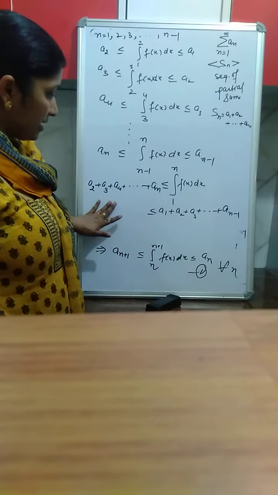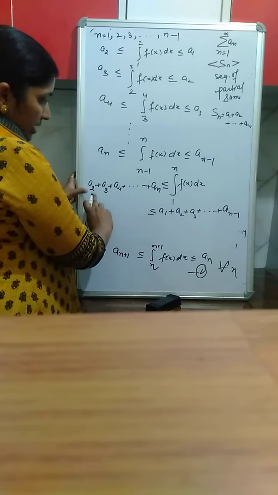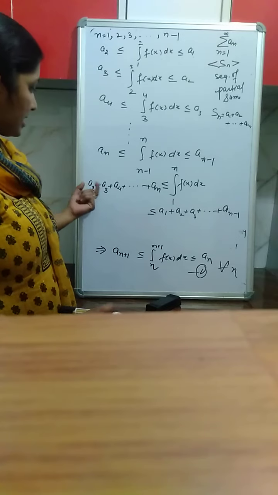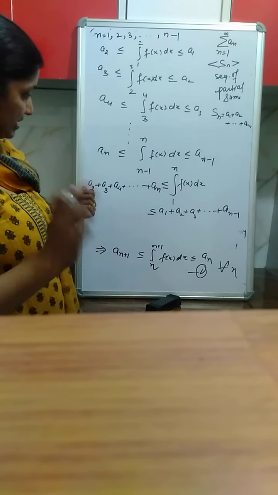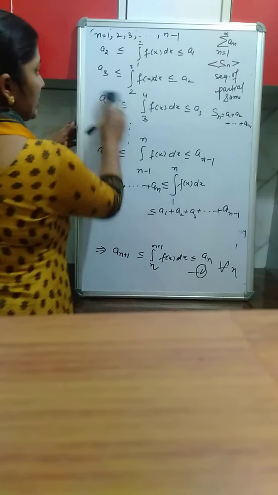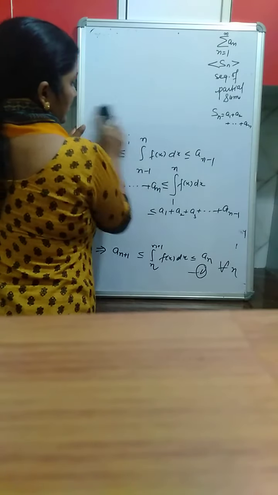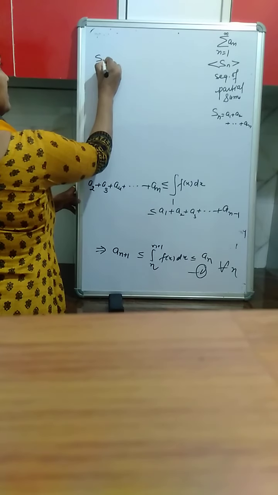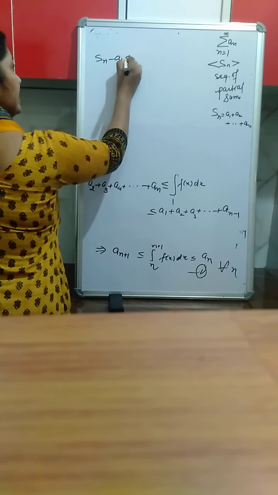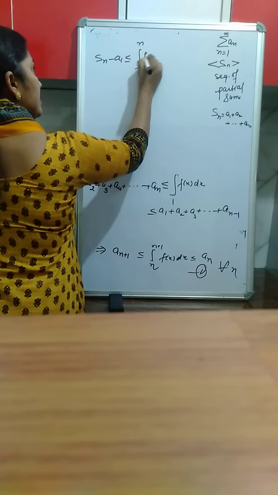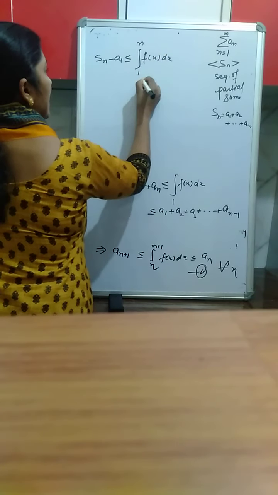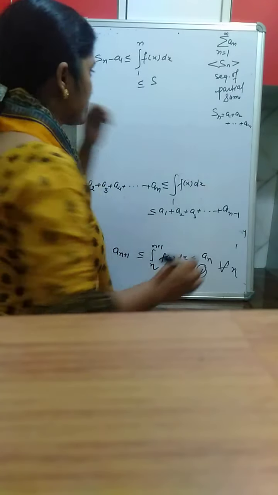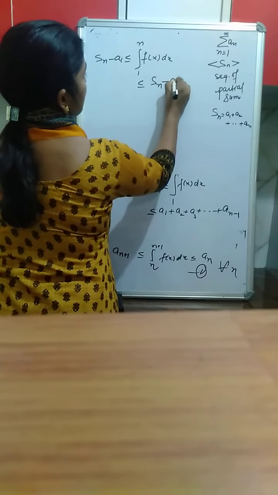So on the left hand side, the sum of a2 to an, if I take it as Sn, there is a lack of one term which is a1. So it is Sn minus a1. In the middle term it is the integral from 1 to n of f(x) dx, and on the right hand side it is a1 plus a2 up to a_{n-1}. So this is Sn minus an.